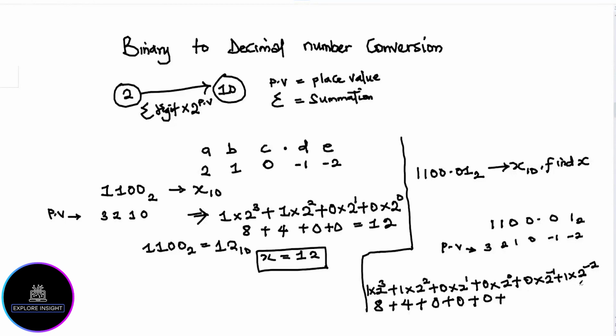Then 1 over 4 will give us 0.25. Now at the end of the day, we are going to have 12.25 in base 10. So our S is 12.25. This is the value of X.